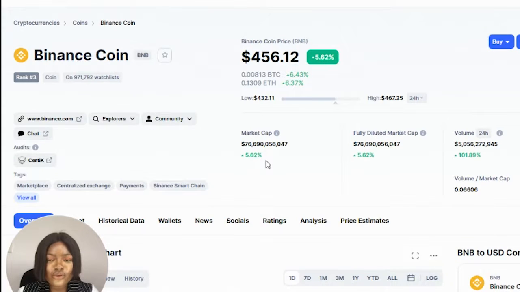Check that the founders of the token have not abandoned the project, because there are a lot of abandoned projects in the crypto space. You need to be sure the founders are still functioning in the cryptocurrency community. Checking their Twitter page, for example, or their Reddit page, gives you assurance that the project is still growing well and the team behind it is still pushing the project.